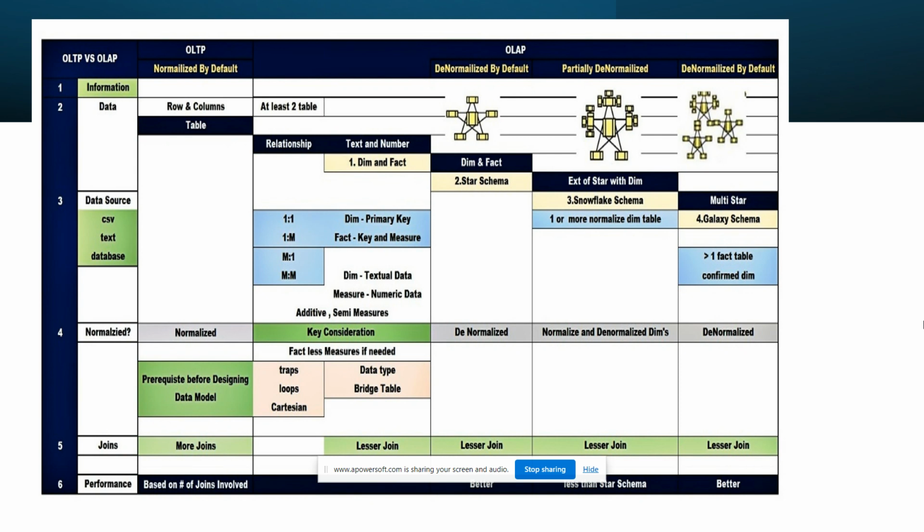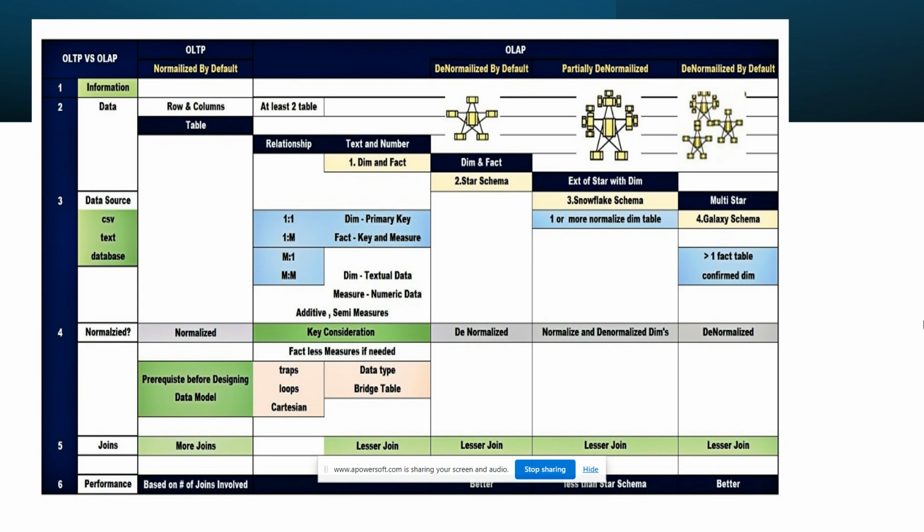If you look at normalization, OLTP is purely 100% normalized, and OLAP, which is nothing but dimension and fact tables, is denormalized. And again, there are three models we can say in OLAP: star schema, snowflake schema, and galaxy schema. On the star schema, it is purely denormalized.